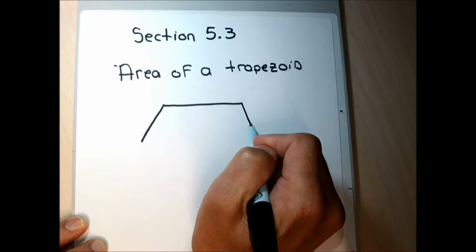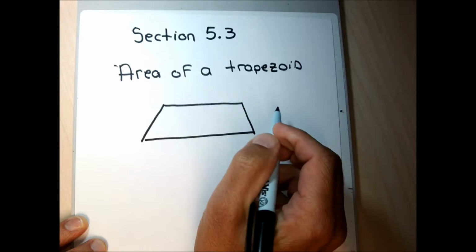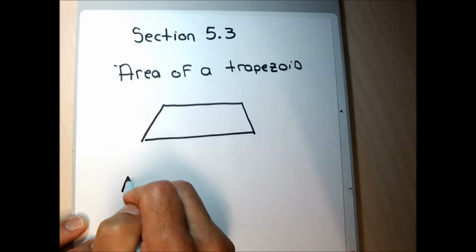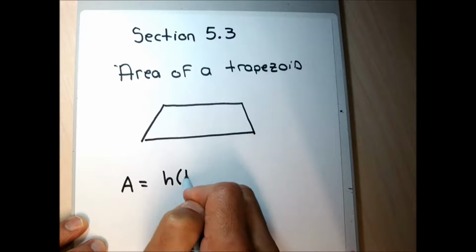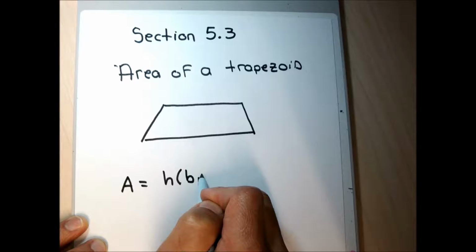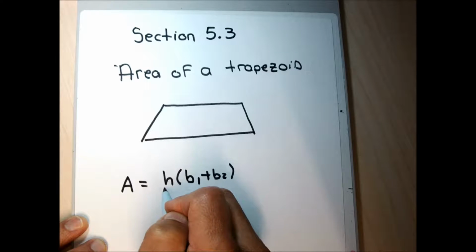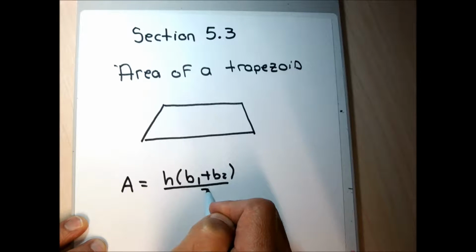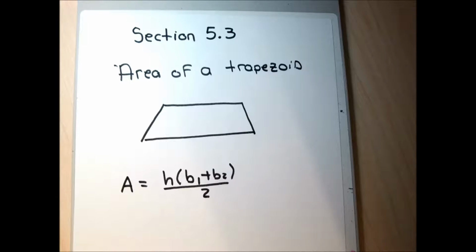I guess you'd call this a regular trapezoid. And the area formula for a trapezoid is the height times the sum of the bases divided by 2. And the trapezoid that I have pictured, it actually doesn't have a height drawn in.